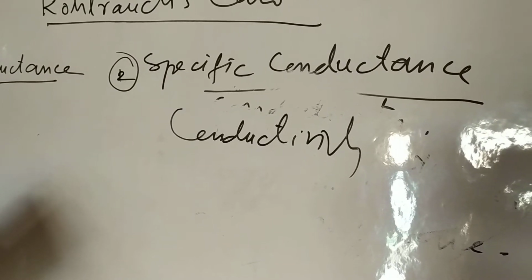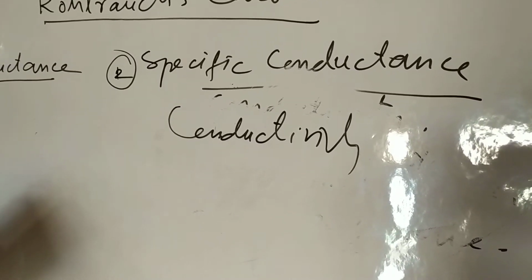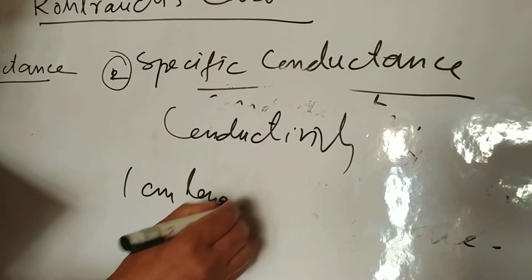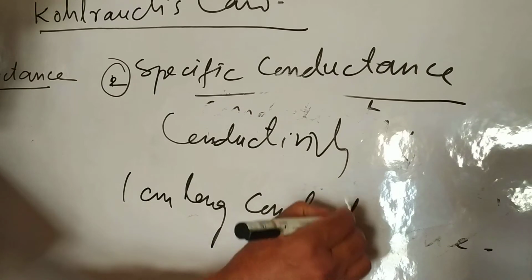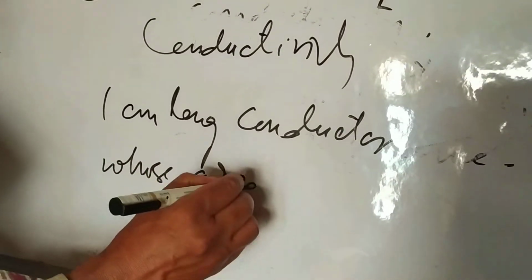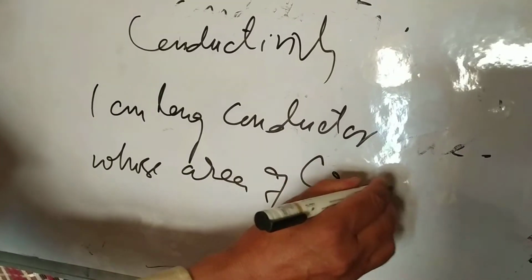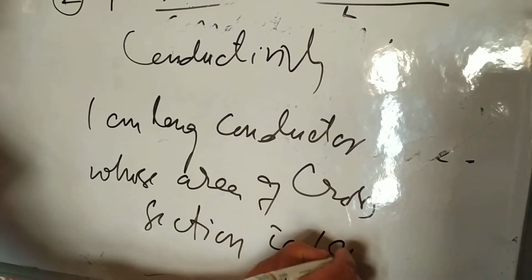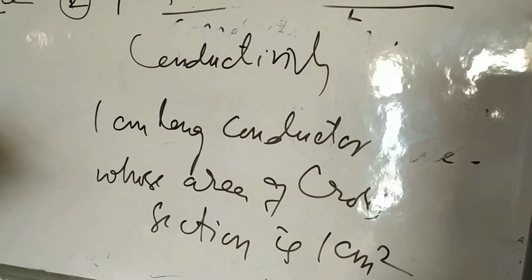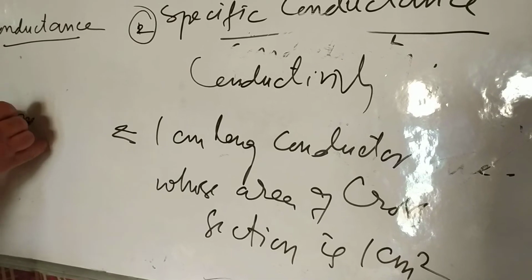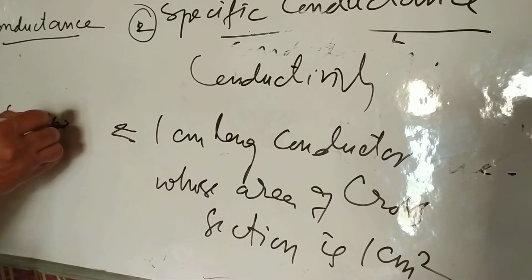Specific resistance is the resistance of a 1 centimeter long conductor whose area of cross section is 1 centimeter square.